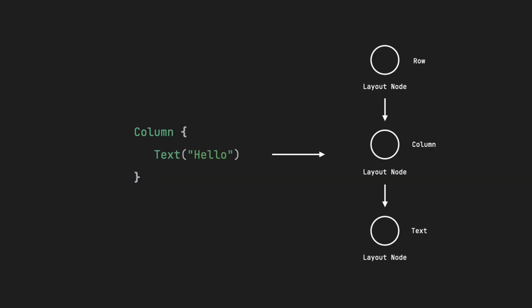Here's an example of a UI tree where each node here, each entry, like column, text, or you could have a row, is a specific layout node in this tree and has a measure policy associated with it. So there is a layout node class that is being created for each of these items. And there is a parent and child relationship here.